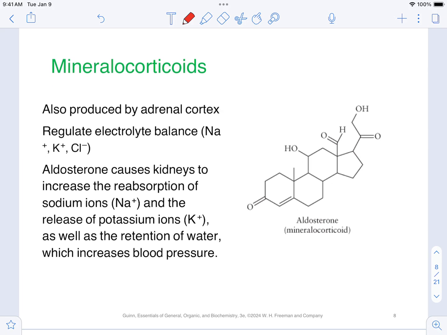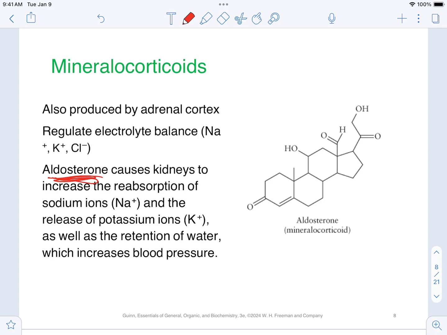Mineralocorticoids. These are produced by the adrenal cortex as well, and their main function here is to regulate electrolyte balance. So your different ions such as sodium, potassium, and chlorine. Aldosterone causes kidneys to increase the reabsorption of sodium ions.